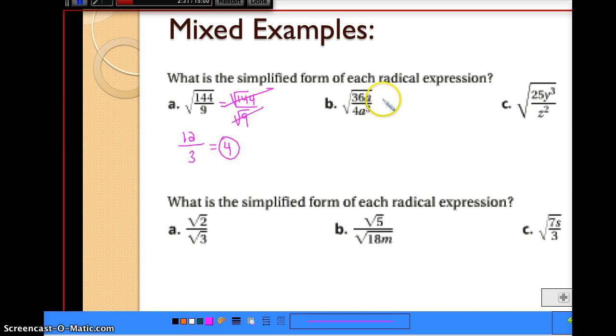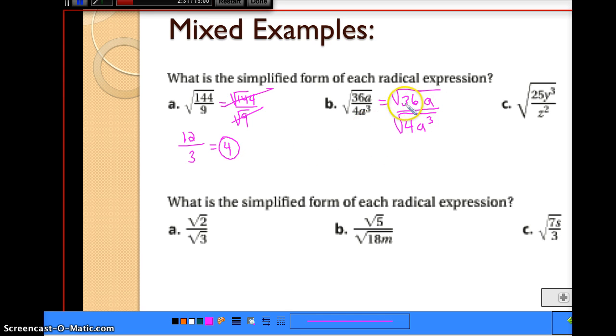Unlike this guy over here, the square root of 36a divided by the square root of 4a to the third. Now, because this is a radicand and this is a radicand, I can actually divide these if they're divisible by each other. So I'm going to go ahead and do that.